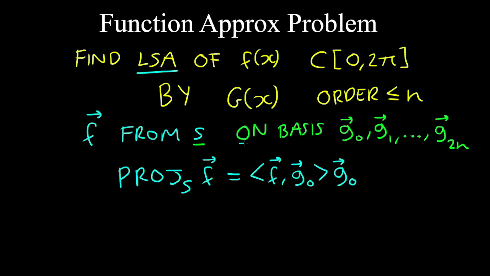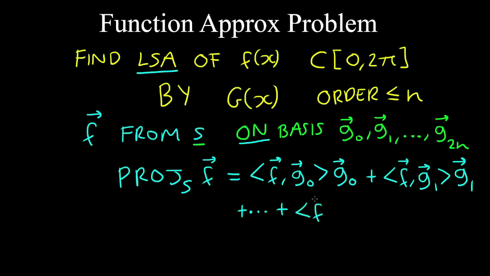And recall, because this is an orthonormal basis, we don't need to divide this by the squared norm of each basis vector. So essentially the orthogonal projection of f onto the subspace S is the sum of the projections of f onto each orthonormal basis vector. So that continues on and on up to the orthogonal projection of f onto the basis vector 2n.